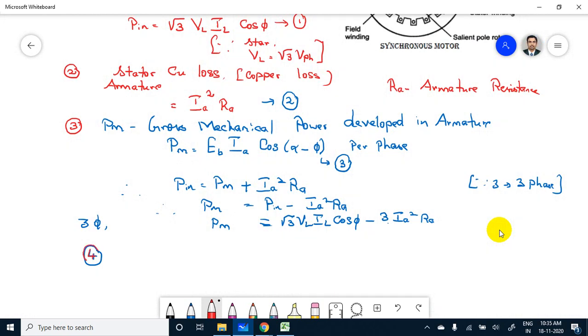In fourth stage what happened? Once this mechanical power is input to the rotor, then losses will be produced in rotor, that is nothing but iron, friction and excitation losses, because we are giving the DC excitation loss here.